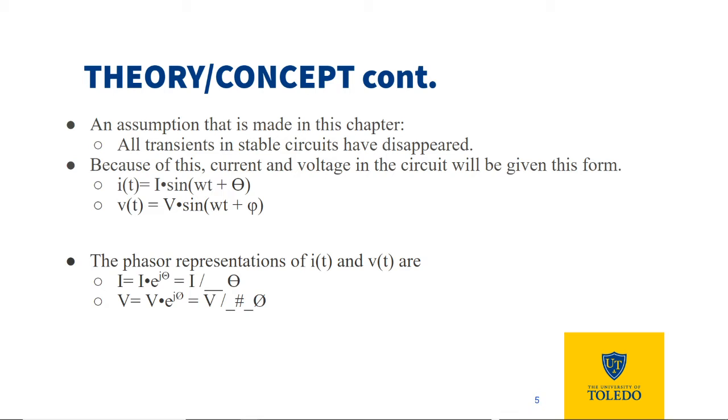The phasor representations of i(t) and v(t) are I equals I times e^(j theta), which equals I angle theta, and V equals V times e^(j phi), which equals V angle phi.